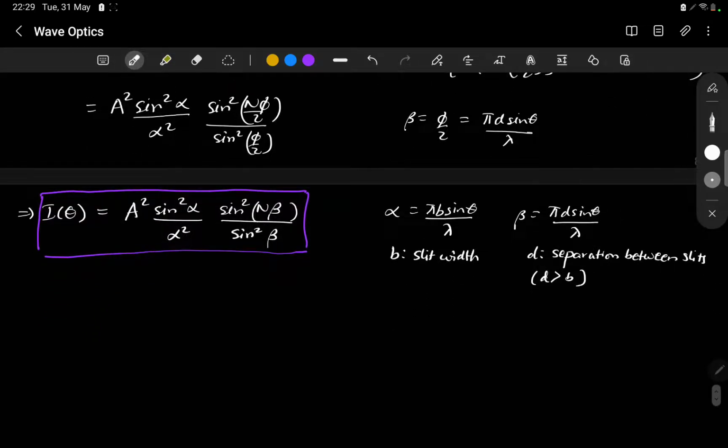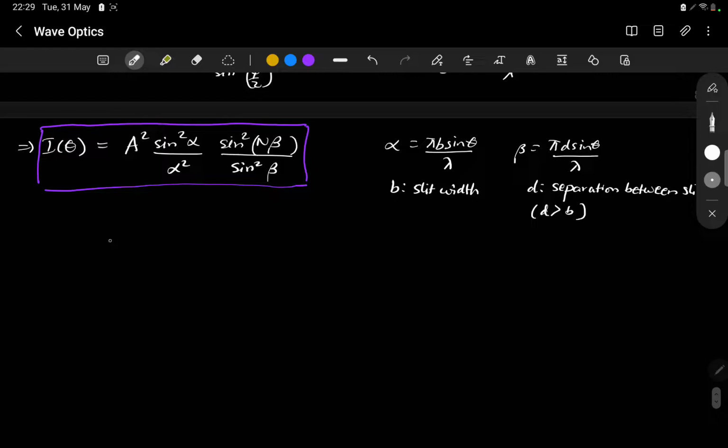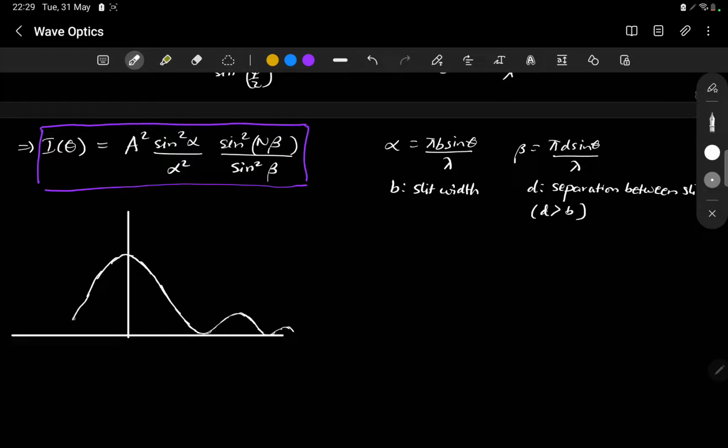Now just for a schematic, if we draw the intensity pattern, so just as a schematic, so this is alpha, this is the single slit term sine squared alpha over alpha squared, so this is single slit.